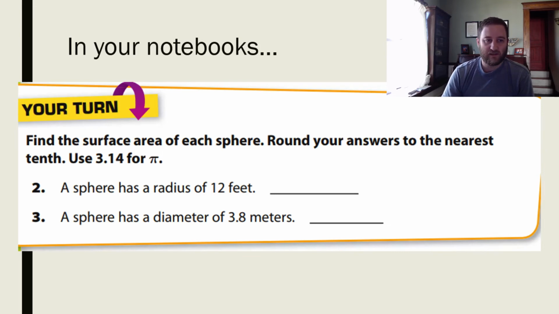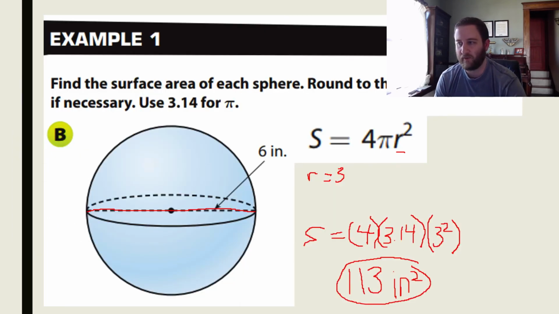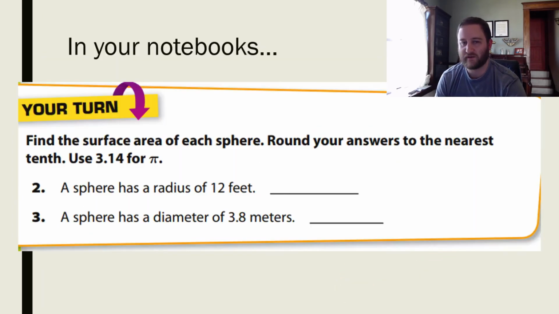Your first one, number 2, a sphere has a radius of 12 feet. Again, we're going to take our formula, 4 pi r squared.